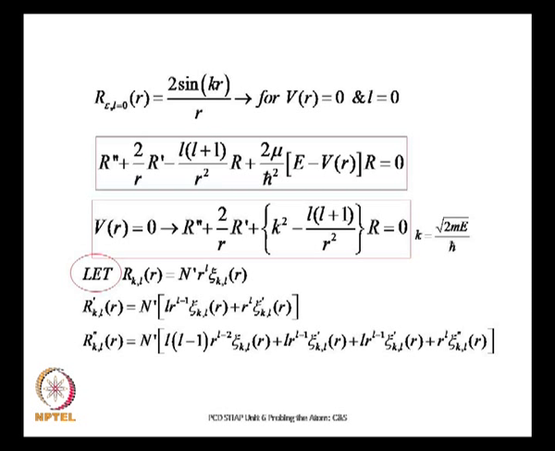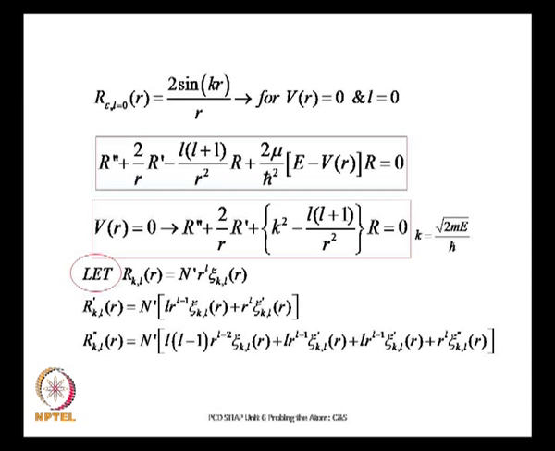So the radial function, keep track of the subscripts, will depend parametrically on the energy and therefore on k. It will depend parametrically on the L quantum number, because it is different for different L values, and then this is actually a function of r, of which the r to the L dependence is factored out, the remaining residual r dependence is in xi of r, and then there is some normalization which I have written as N prime, whatever it is, because once you have any solution to the differential equation, that multiplied by any constant is also a solution.